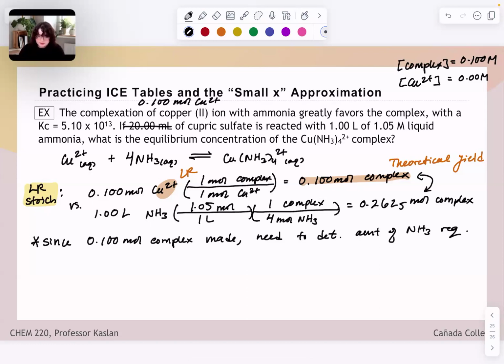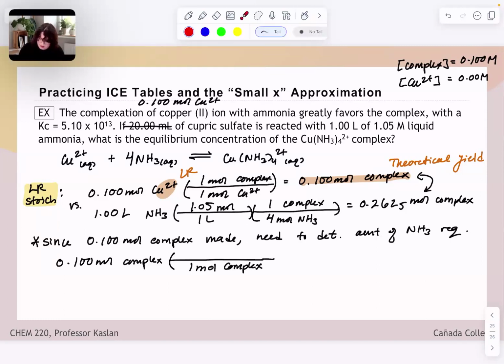So I've got 0.100 moles of the complex. And according to my stoichiometry, 1 mole of complex was formed because 4 ammonias came together with the copper to do so. So this becomes 0.400 moles of ammonia. And this is what is used, right? Used, required, same language.